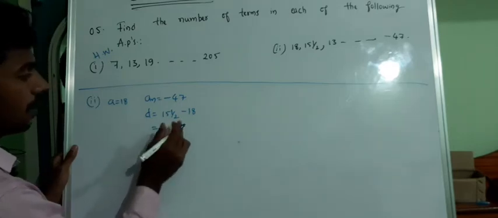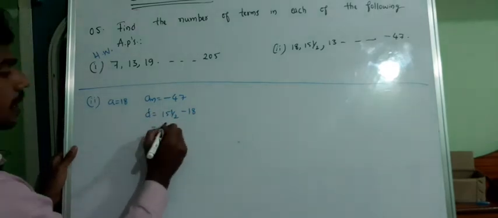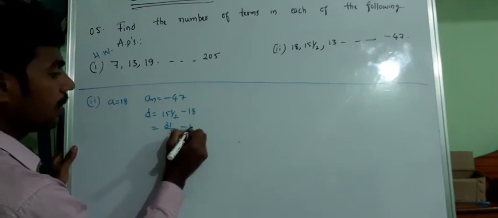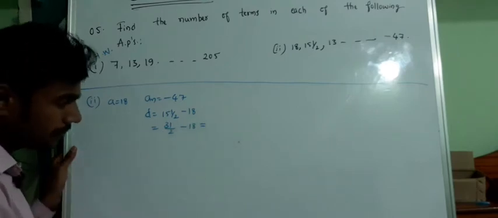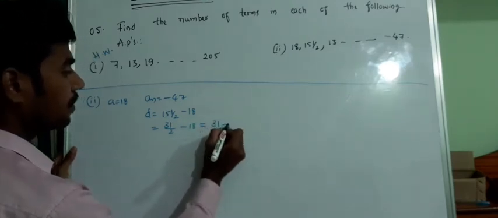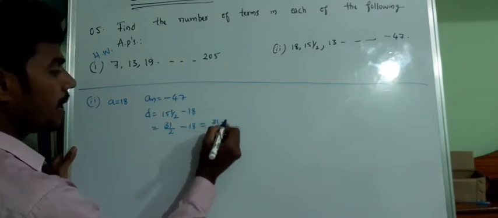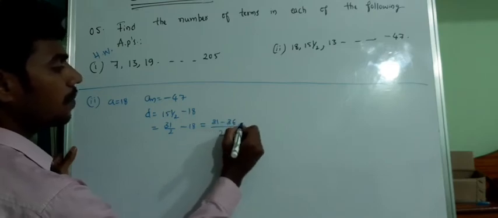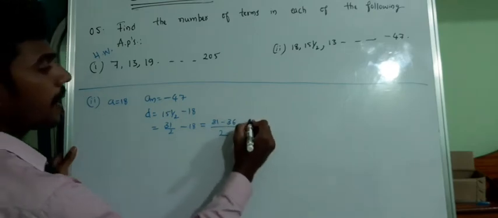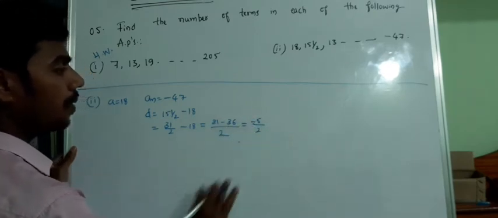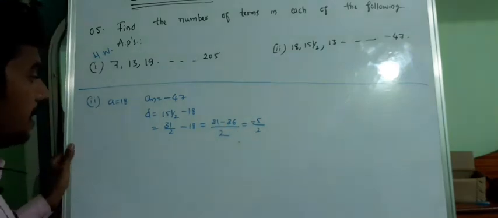Or else 15 2s are 30, 30 plus 1, 31 divided by 2 minus 18, which is equal to 31 by 2 minus 18. 2 will be the LCM. 31 minus 36, which is equal to minus 5 divided by 2. So minus 5 by 2 is D.